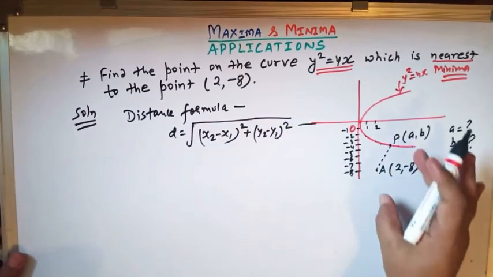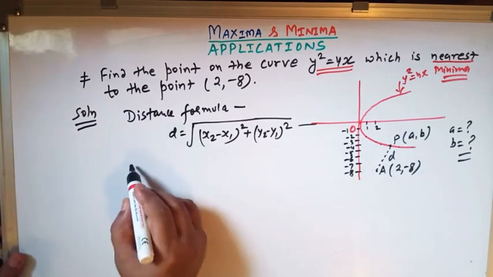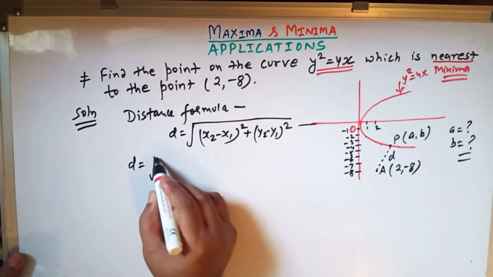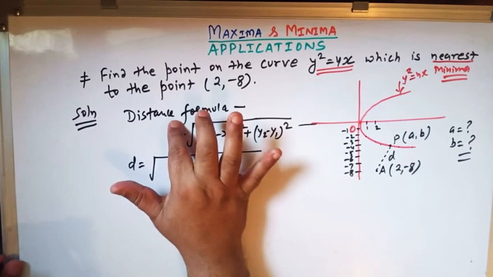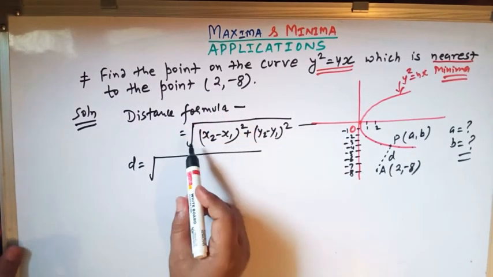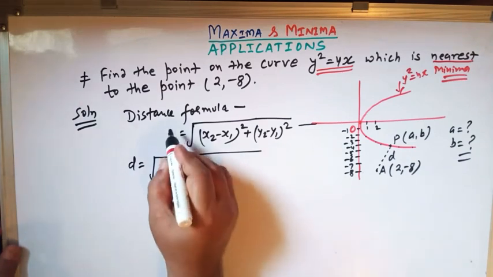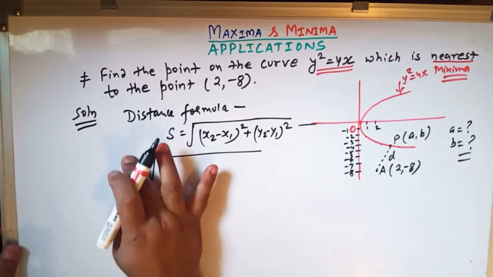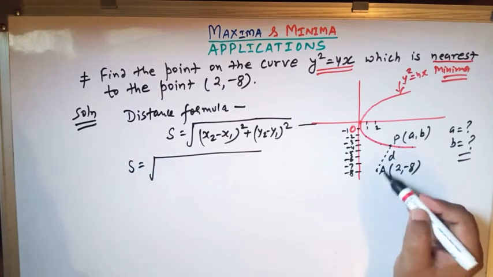Clear? So the distance between P and A is d. For simplicity, let us denote the distance between 2 points by s.